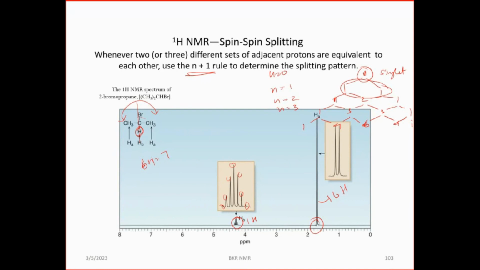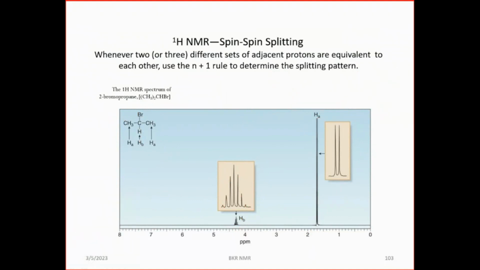Just one cross check. Suppose I have 3 hydrogen neighbors. All 3 can align, or 2 can align and 1 can oppose, or 1 can align and 2 can oppose.